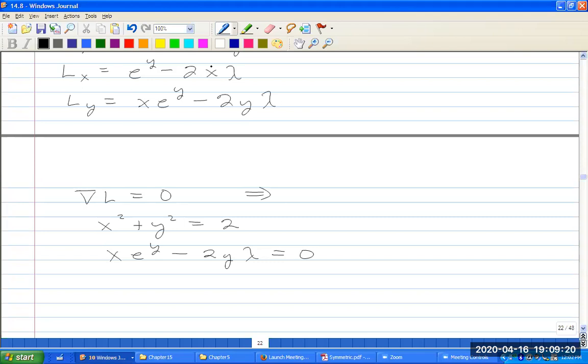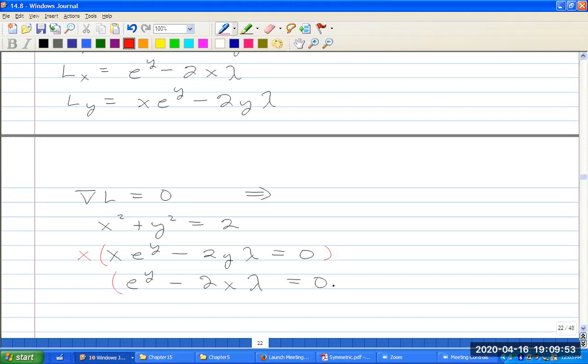And I'm going to want to make that, so let's multiply this by x. Okay. And I have e to the y minus 2x lambda is 0.